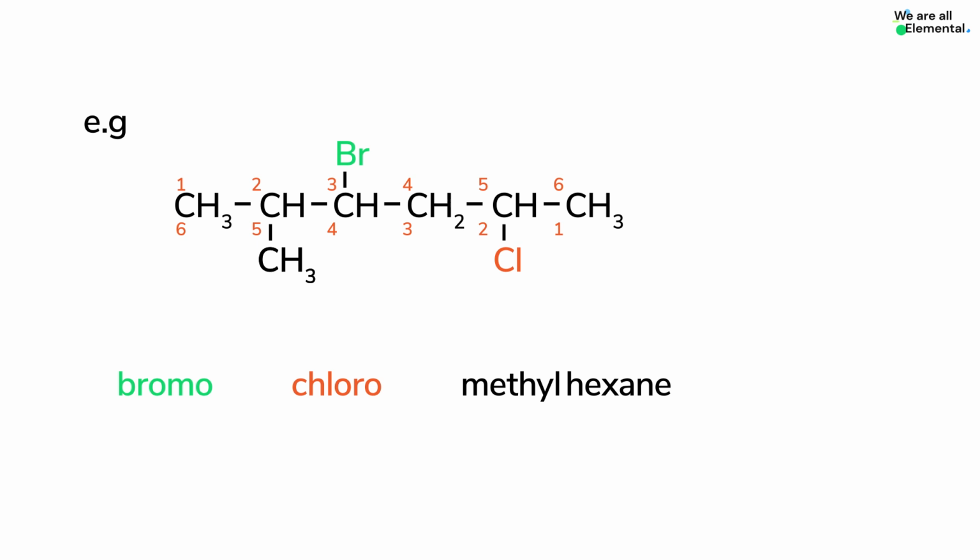Then we use the lowest sum rule to assign positions to the substituents. And we can see that from left to right, the lowest sum is 10, so we follow that. And then we assign positions to the substituents, that is 3-bromo, 5-chloro, 2-methyl, hexane.